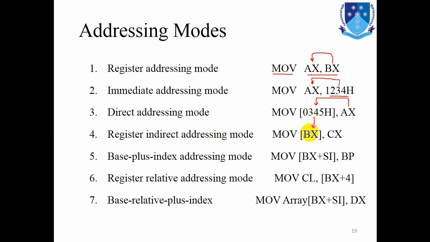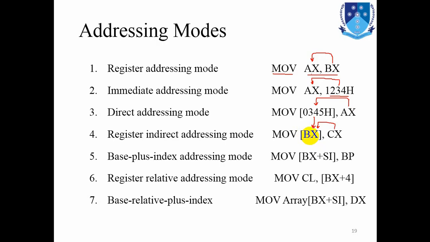The register indirect addressing mode is that addressing mode in which the address of the memory location is not directly given, but it is given or covered inside any other register. So according to this instruction, the contents of the CX register will be copied or transferred to a memory location addressed by the contents of the BX register.